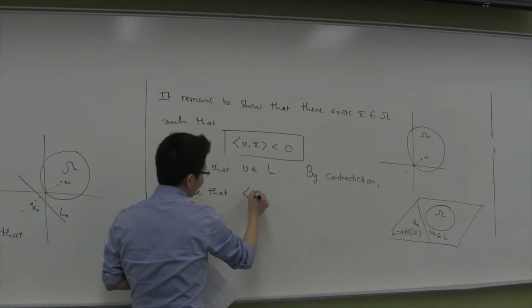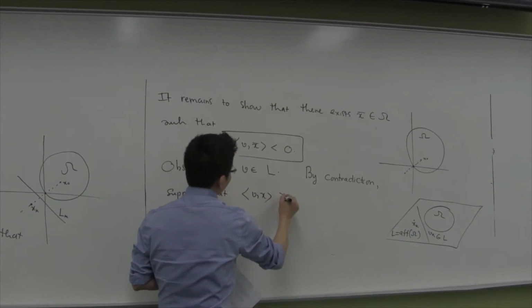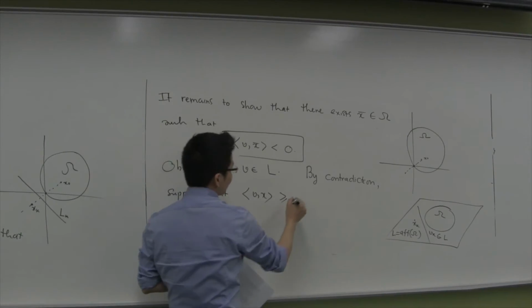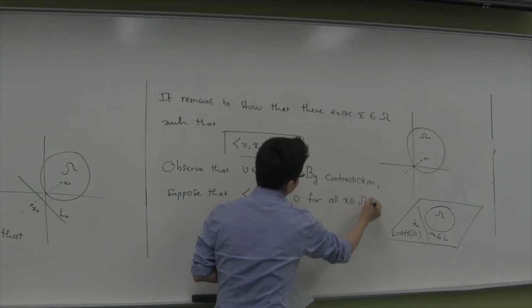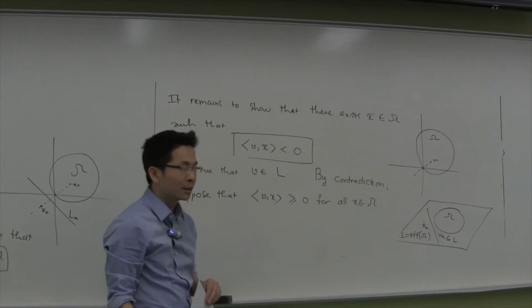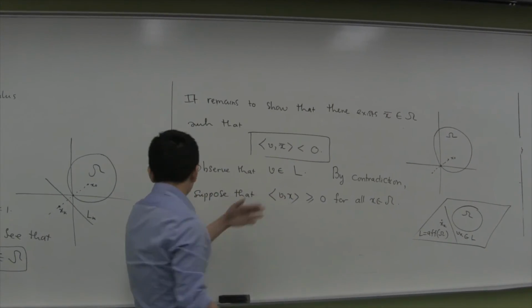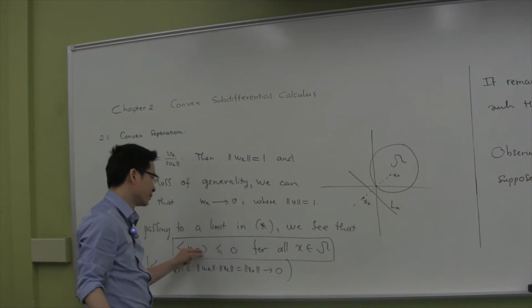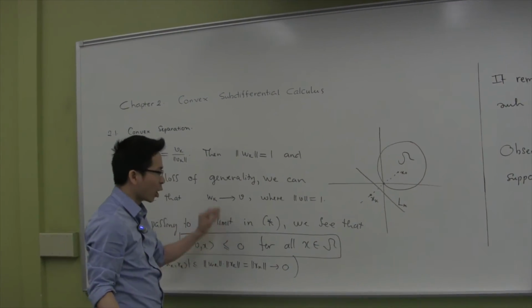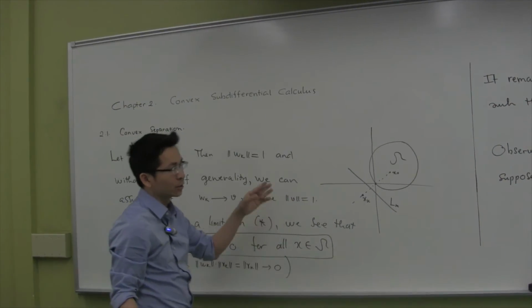That means the inner product of V and x is always greater than or equal to 0 for all x in Omega. Now by the earlier property, we have that the inner product of V and x is always less than or equal to 0 for all x in Omega.